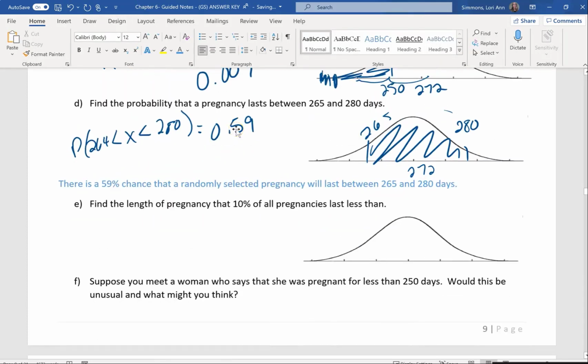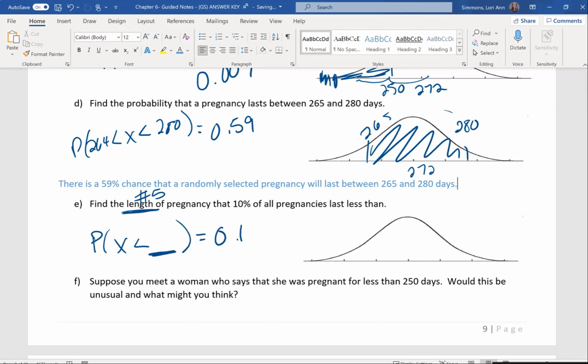Next, let's find the length of pregnancy that 10% of all pregnancies last less than. Okay, so up above we were asked for probability. This is now asking for length. That is a variable, so you should be thinking number 5. So when we write this out, it's probability of x is less than, this is the part we're looking for.